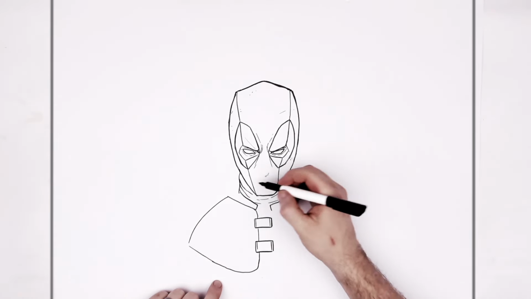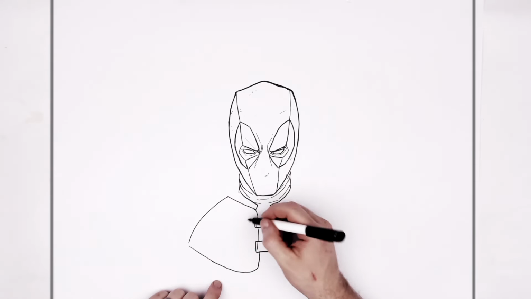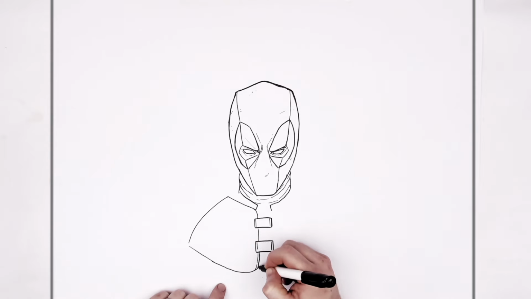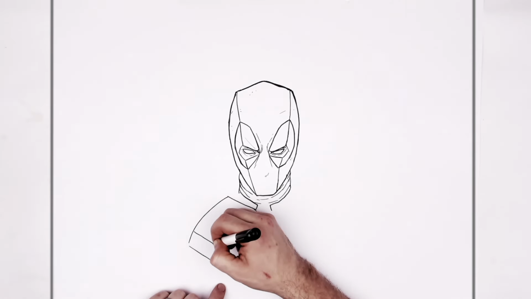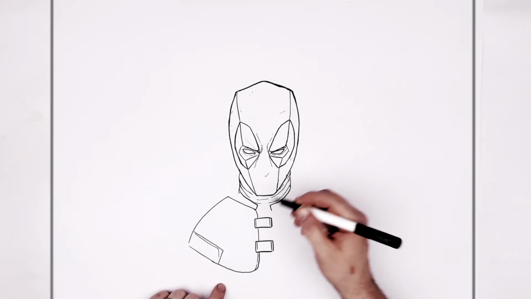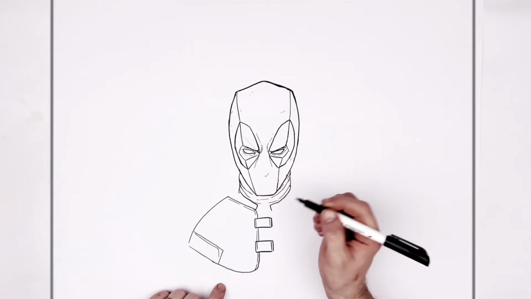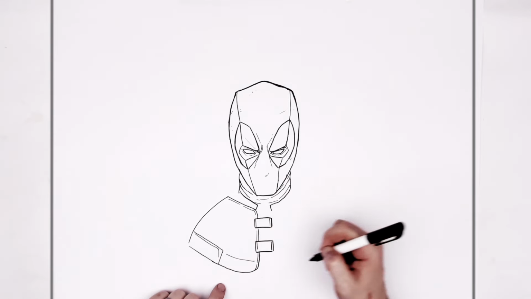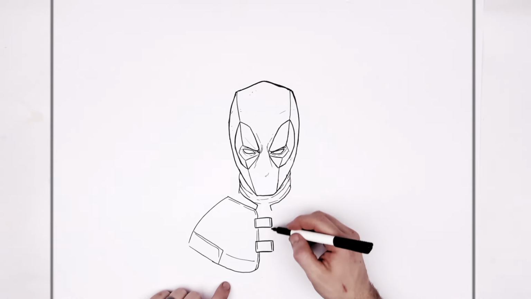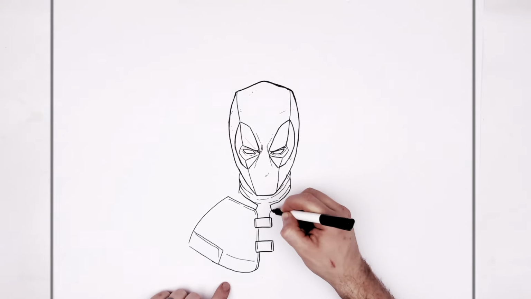Right, so there's the chest armor. We'll add sort of an edge line to it as well. And there's a black section there. We do roughly the same on this side.